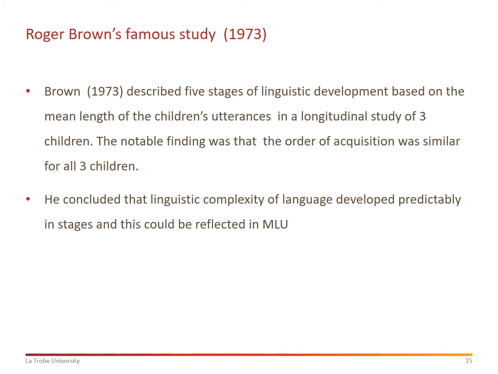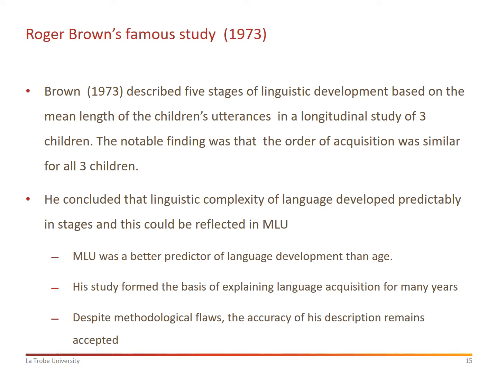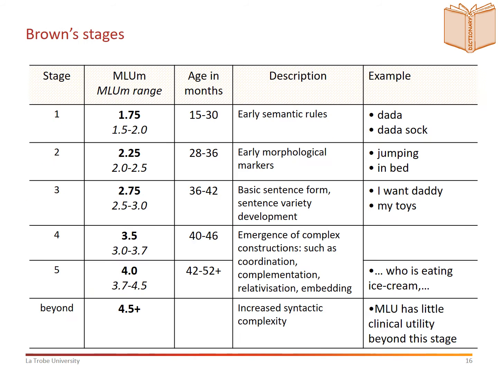So in effect, MLU is a better predictor of a child's language than saying their age, and his study has formed the basis and ongoing remains the way that we explain language acquisition. Despite the fact that it's considered flawed in terms of the sample size, the accuracy of his descriptions remains accepted. So we'll look at those descriptions in the next few slides.